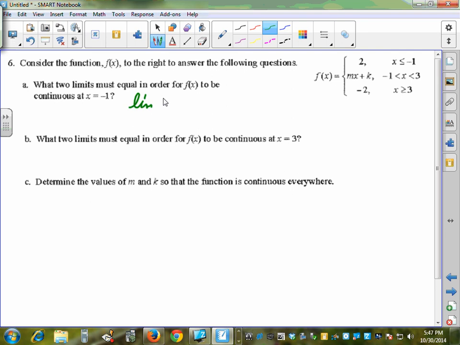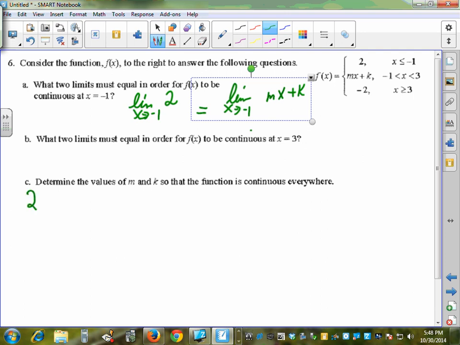So the limit of 2 as x approaches -1 would have to be equal to the limit of mx plus k as x approaches -1. Another way of saying that is 2 would have to equal mx plus k.